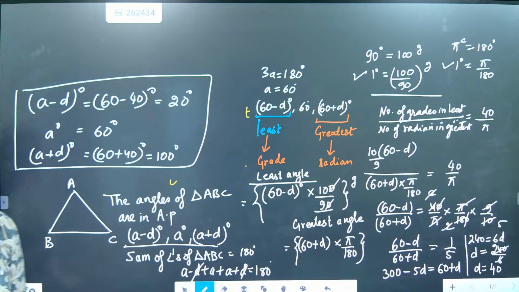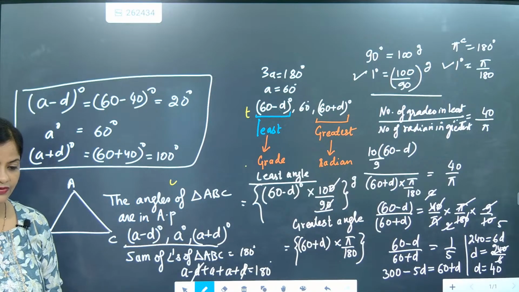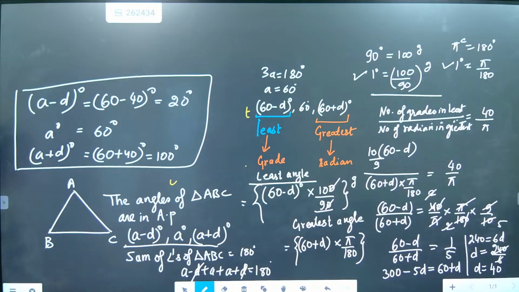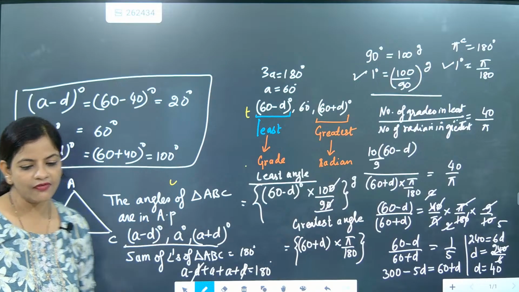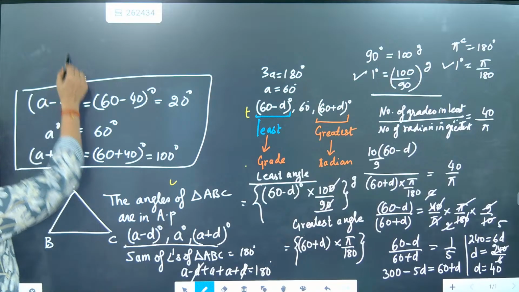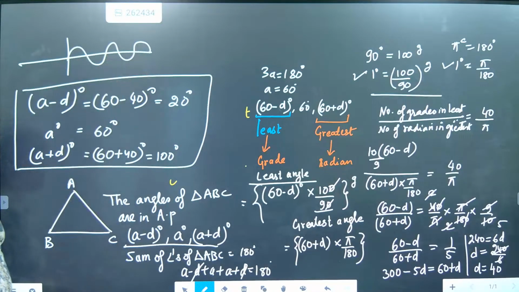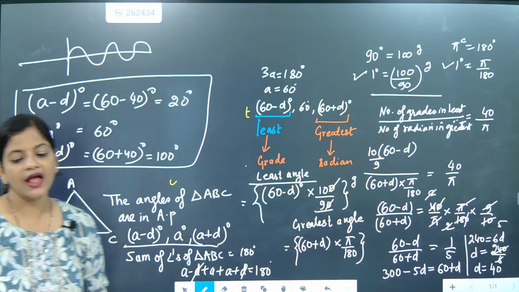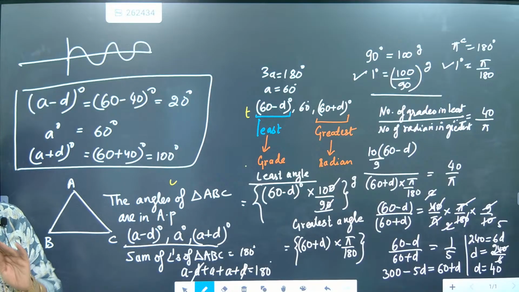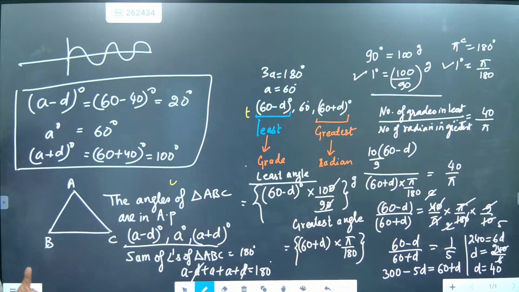Next class I am going to teach you shift of graph in sine and cos. The graph of sine theta will be a continuous graph. How the graph of sine theta is coming like this, maxima and minima of sine, and then shift with angle. Everything I am going to teach because one part is in competition and one part is in CBSE.